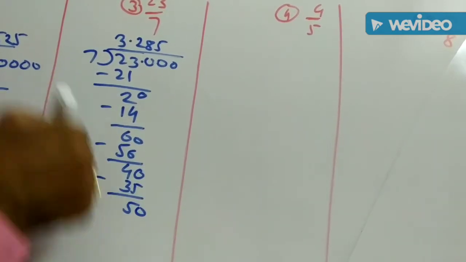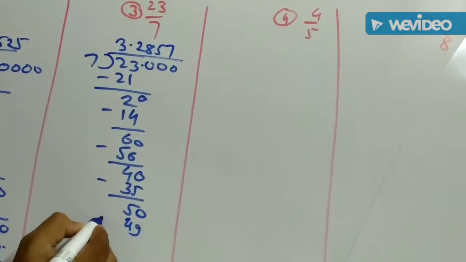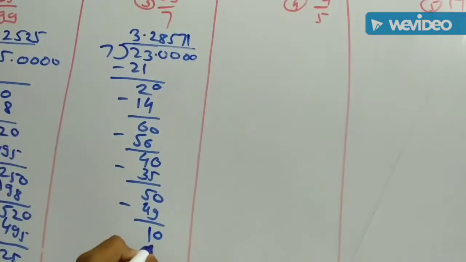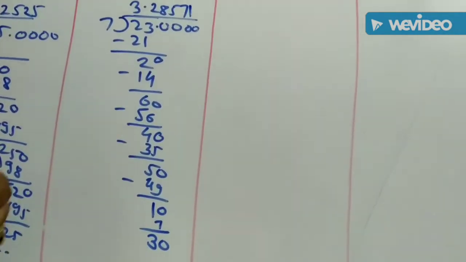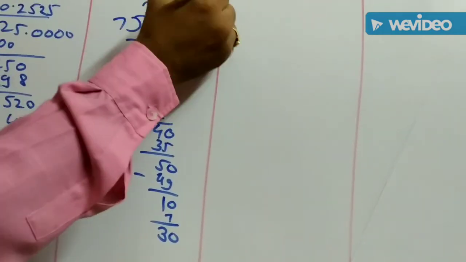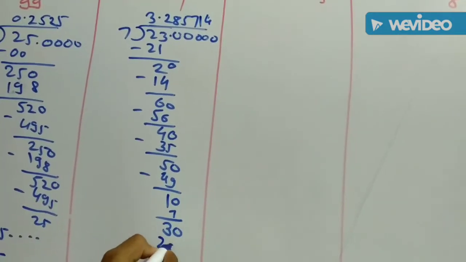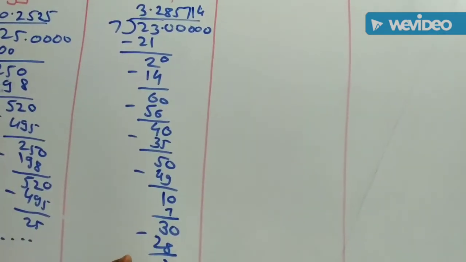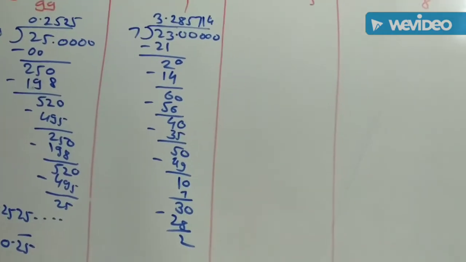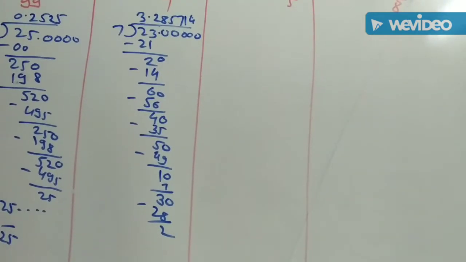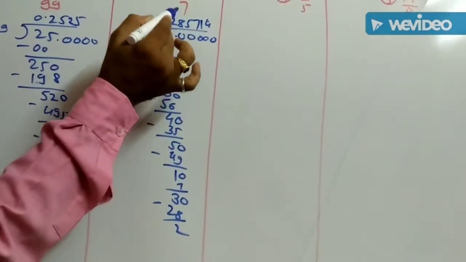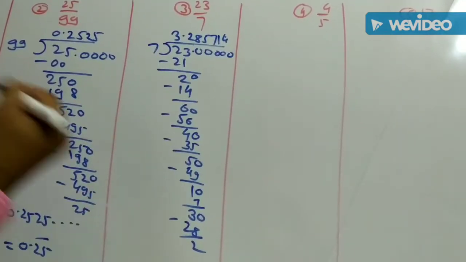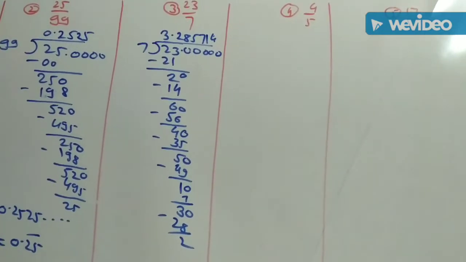Taking 0. 7 sevens are 49. Remaining 1. Here take 0 again. 7 ones are 7. Remaining 3. Taking 0. Again 0. 7 fours are 28. Again we see here we get 2 and here 2. That means after this, if we continue the division process, then again we get 2 8 5 7 1 4. Again 2 8 5 7 1 4. That means this division is in non-terminating recurring form.